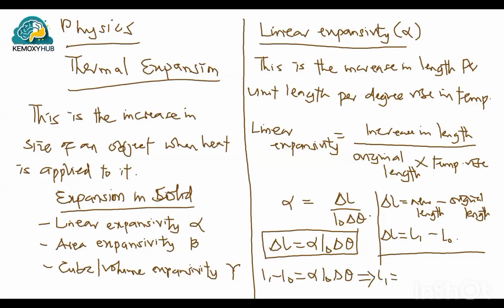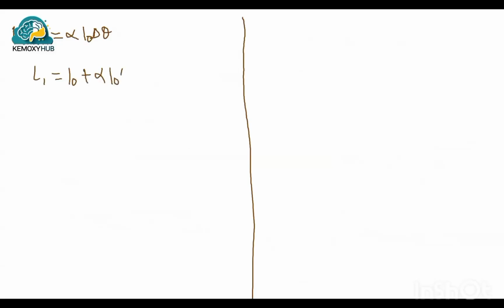That means my new length L1 is equal to L naught plus alpha L naught change in theta.